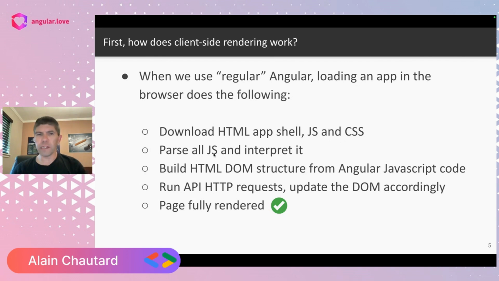Then all of that code gets parsed by the browser and interpreted, which basically launches the Angular framework, which is then going to build the HTML DOM structure from our JavaScript code, build the UI piece by piece, render that on the screen, run our HTTP requests, like AJAX requests, right, to get data from a server, and update the DOM once more accordingly. And then at that point, the page is fully rendered.